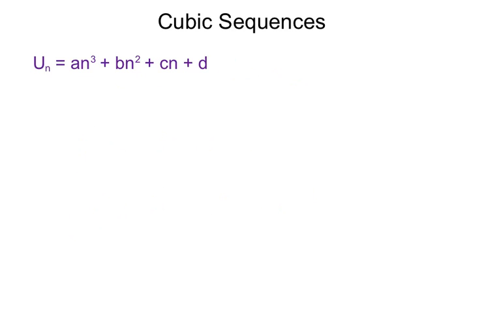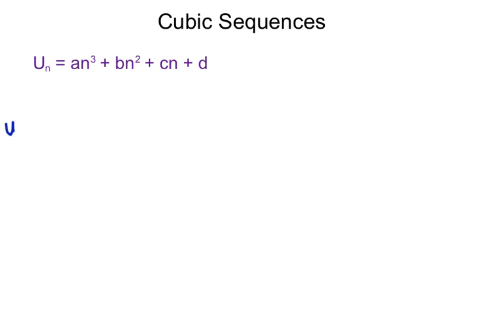We're going to consider the general cubic sequence, which is un equals a times n cubed plus b times n squared plus c times n plus d. And much like we did with the quadratic sequences, we're going to look at what happens for values of n for the general one.